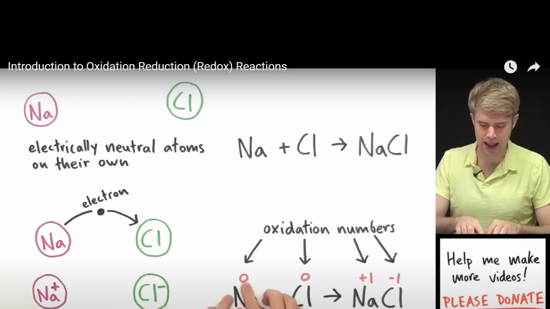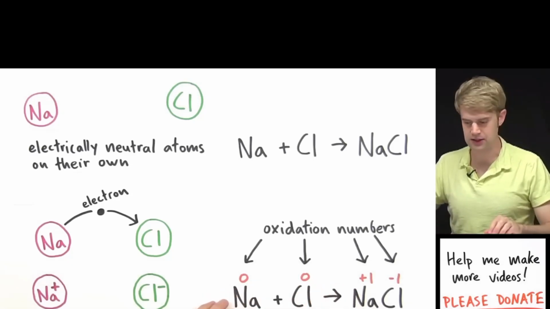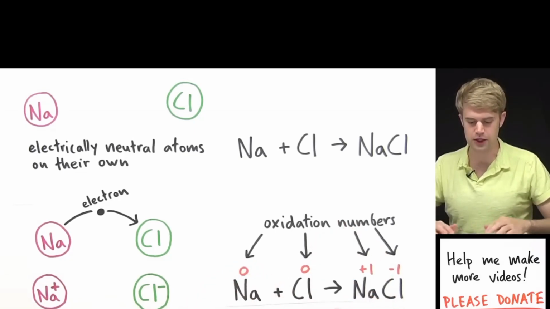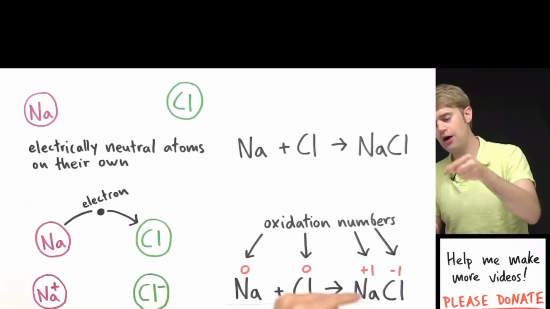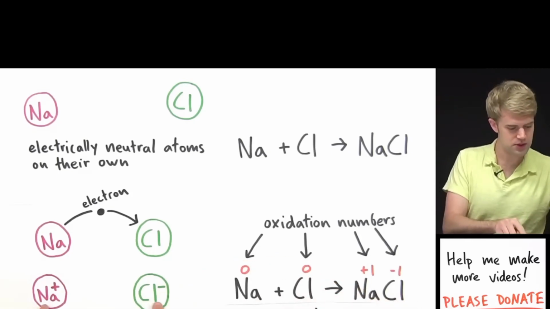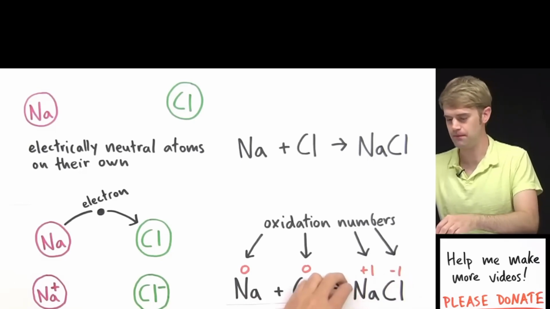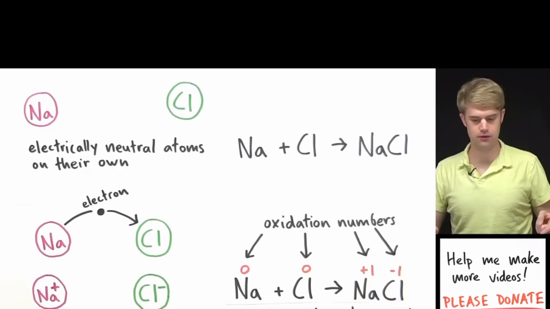So above Na and Cl, I've written zeros. That indicates that these two atoms start out being electrically neutral. They have no charge. That's what the 0 means. Then on this side of the equation, once the sodium and chloride have taken on charges, I put those charges above each element. +1 for the sodium and -1 for the chloride.